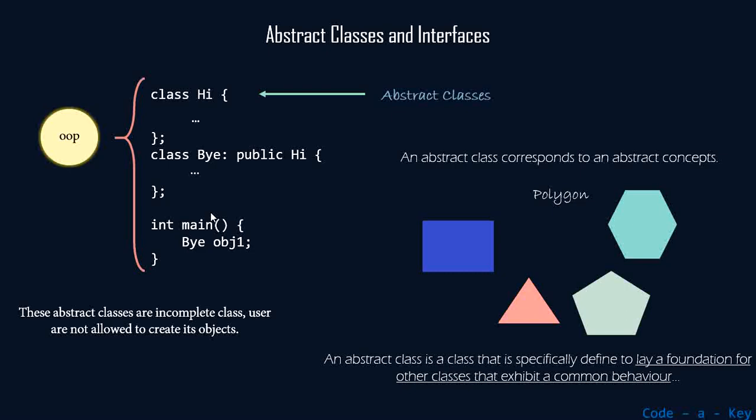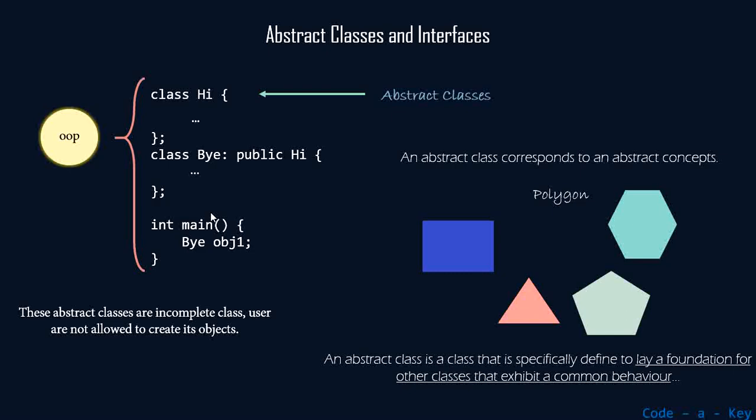Like when we talk about polygon, what are the features of polygon? We say it is the number of sides in it, right? So here the feature of sides is going to get overridden in all the shapes. In rectangle also we're going to have a feature of sides which is going to override the feature of polygon, right? So in rectangle we will say it is having 4 sides, in triangle we will say it is having 3 sides.